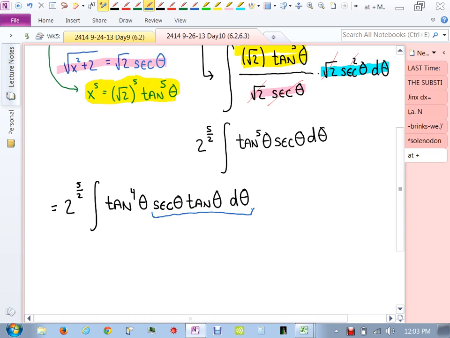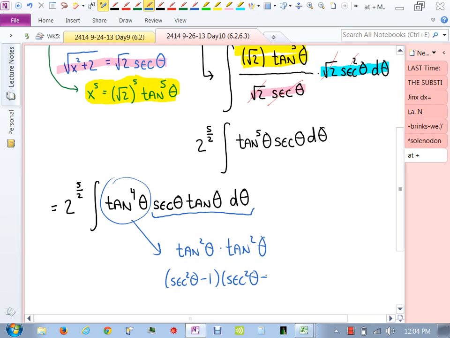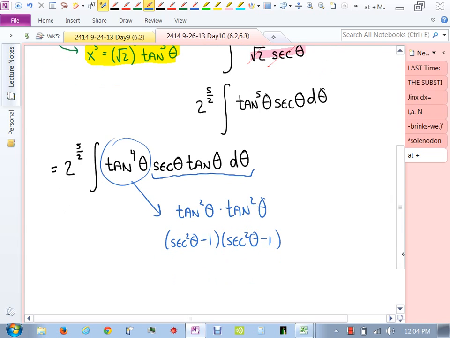So the question is, can you turn tangent to the 4th power into secants? Yes. This is just tangent squared theta times tangent squared theta, but each one of those is secant squared theta minus 1 times secant squared theta minus 1. You would distribute that out, get secant to the 4th theta minus 2 secant squared theta plus 1.